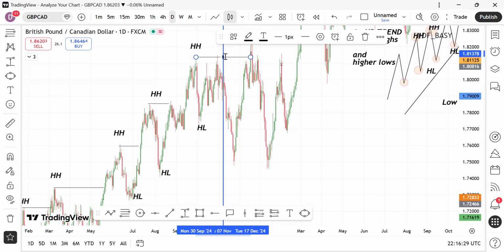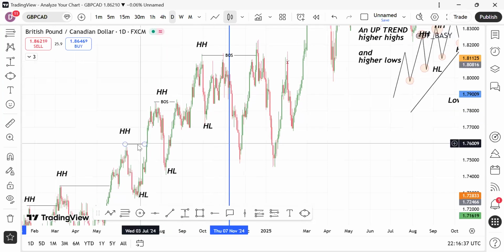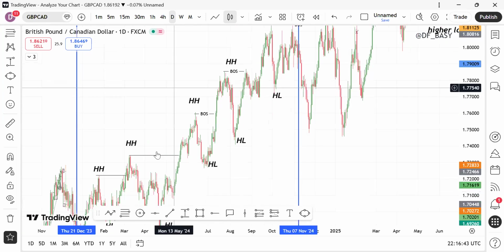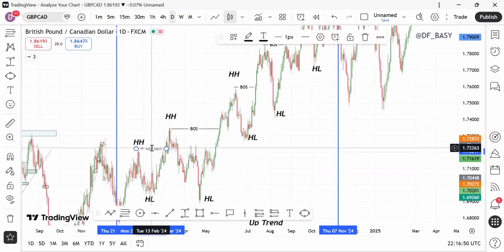So this is BOS, break of structure. And this is BOS, break of structure. This is BOS, break of structure. And this is BOS, break of structure.